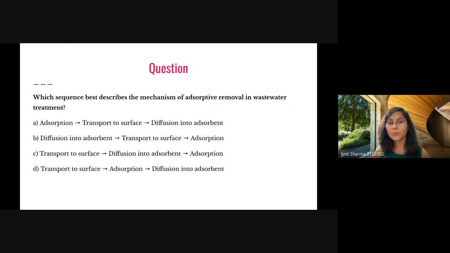So using this adsorptive process, how can we remove some solid things that we have in the wastewater? So you have to tell me the sequence of this adsorption.